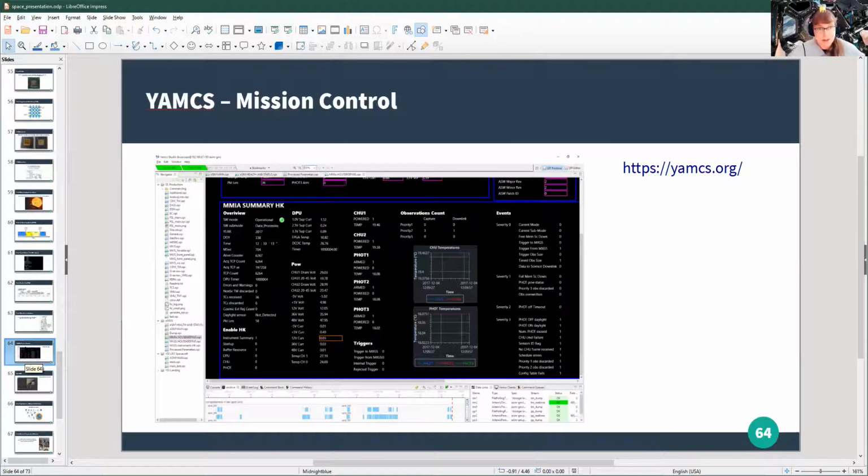And a lot of people are wondering, what are they running on the big screens, and what are they using to monitor their spacecraft? The most common one is YAMCS, or Yet Another Mission Control System. It just displays things. You can check it out at yamcs.org.